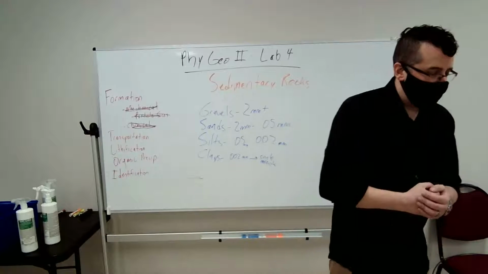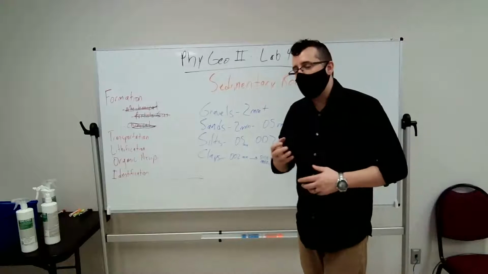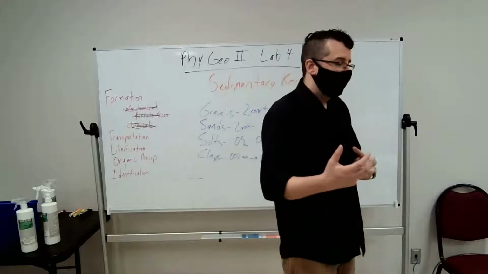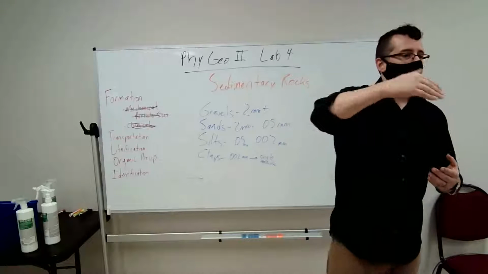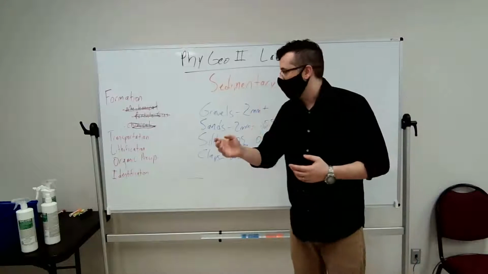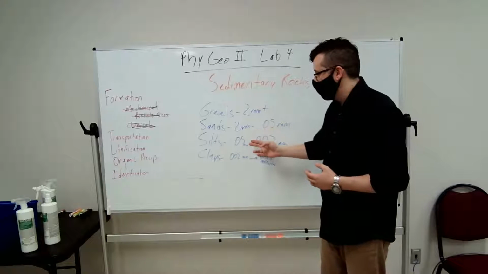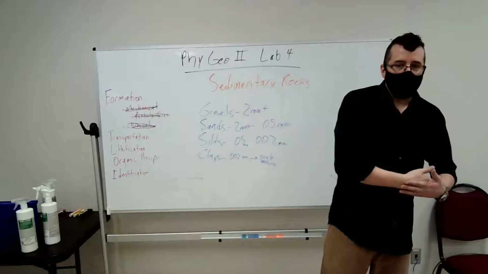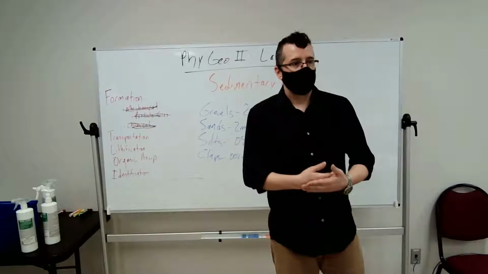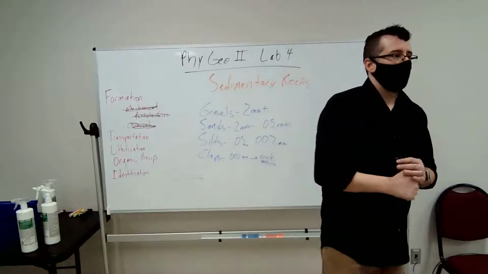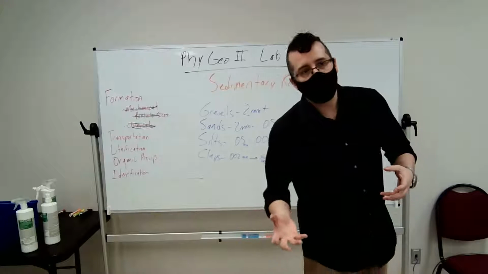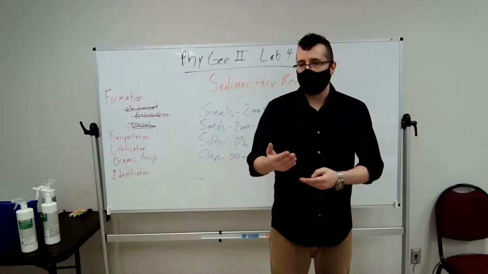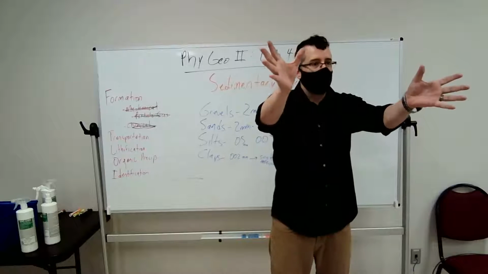I digress. All right, so we're also going to talk about the deposition of sediments. So when you take these little bits of weathered rock, whether they be the size of a gravel, a sand, a silt, or a clay, and these go somewhere, they have to end up somewhere. Have any of you been to a river delta? A river delta is where the mouth of the river comes out.